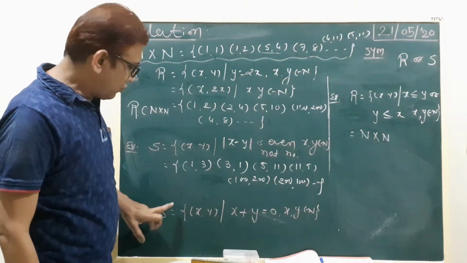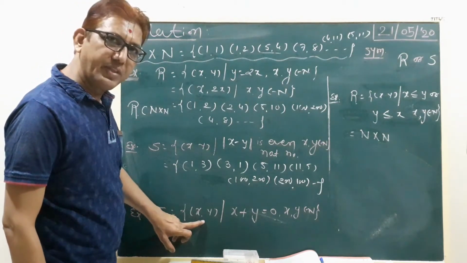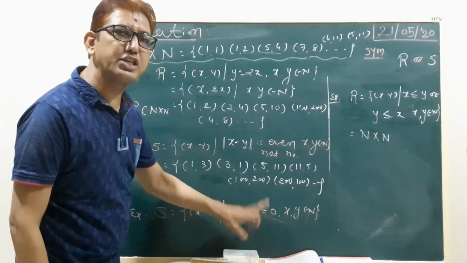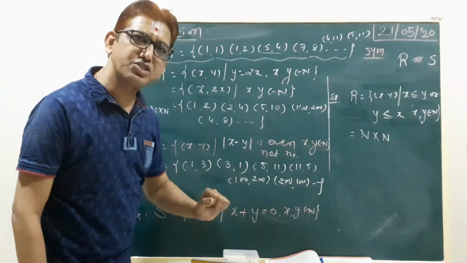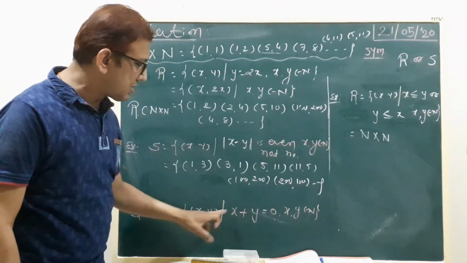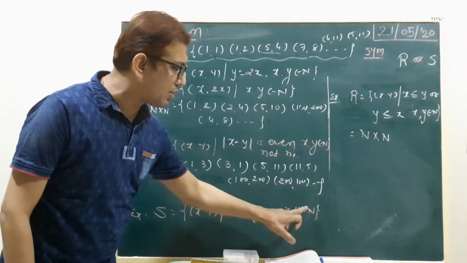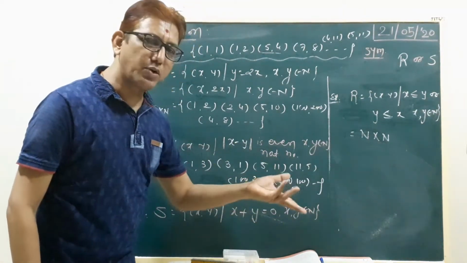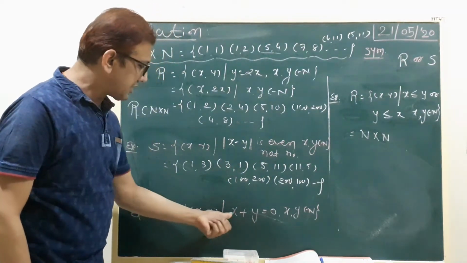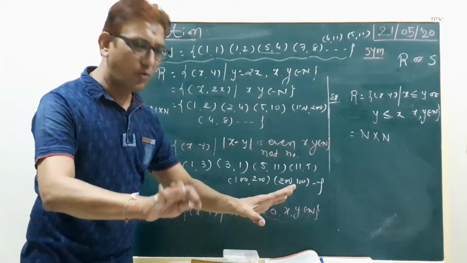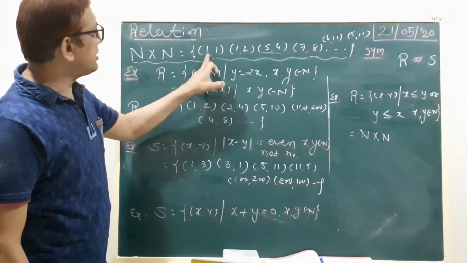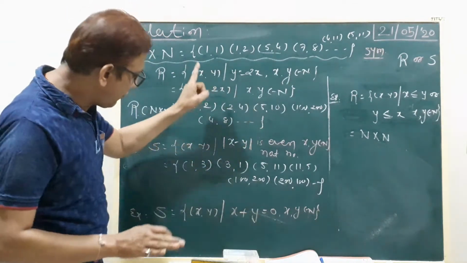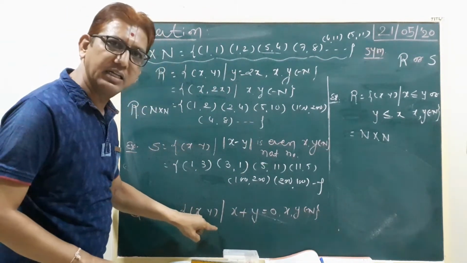Okay. Another example. S equal to the set of (x, y) such that x plus y equal to 0, where x and y belong to natural numbers. The sum of these two numbers is 0, but x and y belong to natural numbers. So the sum is positive, and the sum of two positive numbers can never be 0. So no element we can write here.